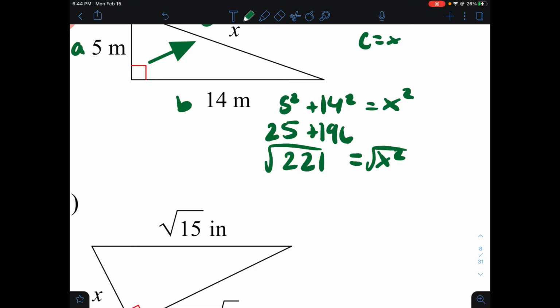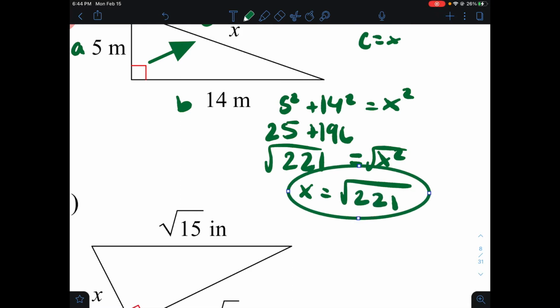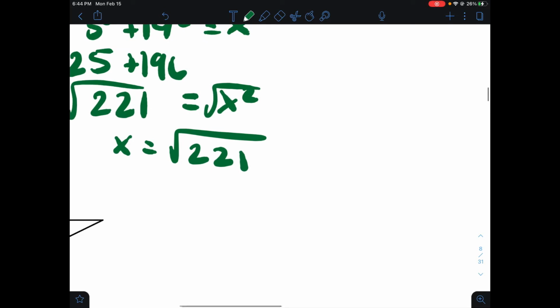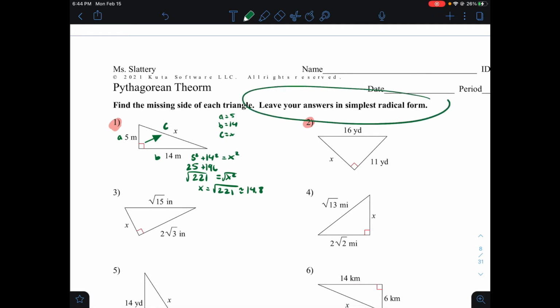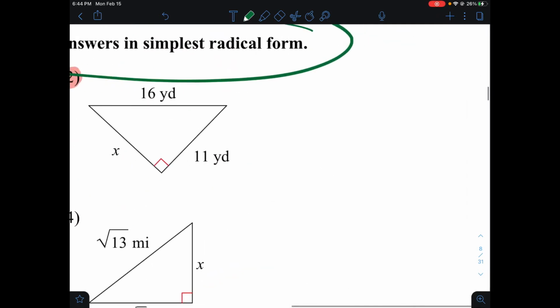In this case, you cannot break down root 221 at all, so we will stay with that. We'll leave it in radical form, and it's probably good to have it in decimal form too, so we'll say 14.8. The directions do say to leave it in simplest radical form, so try and do that.